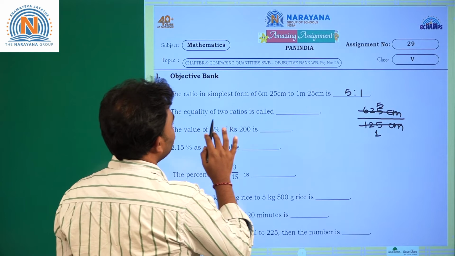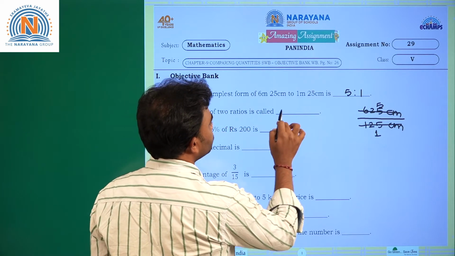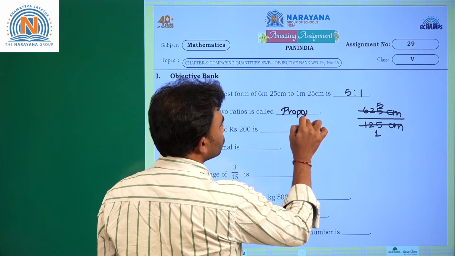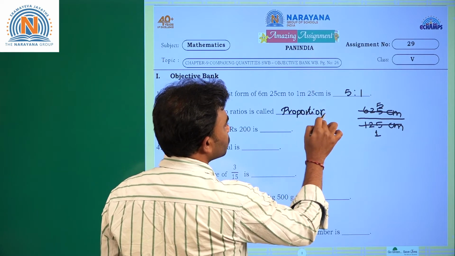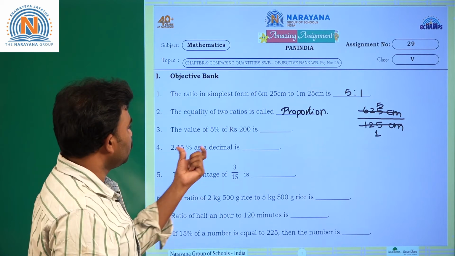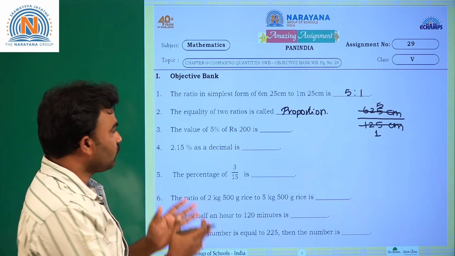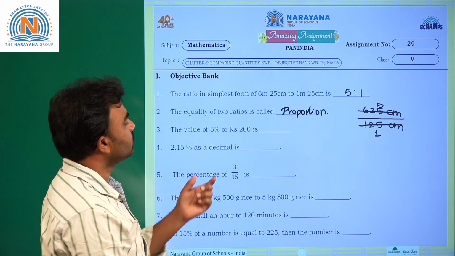Next, the equality of two ratios is called proportion. The value of 5% of rupees 200 is the value of 5% of 200.